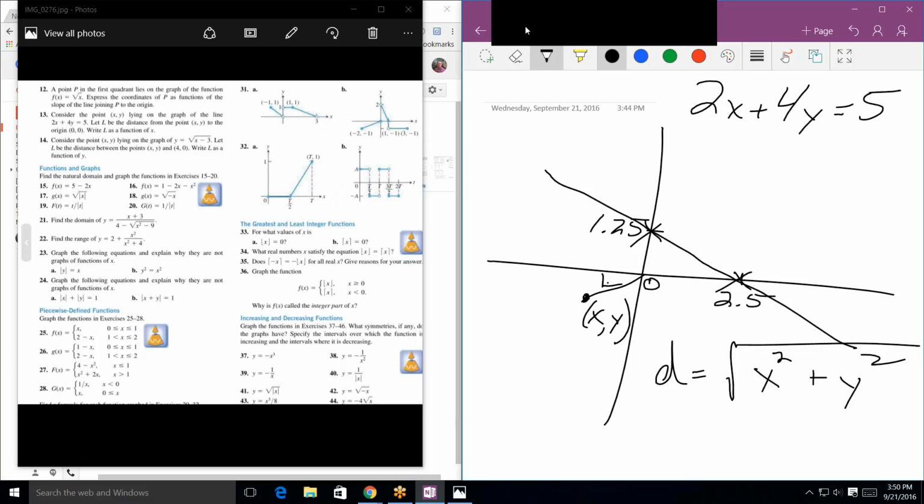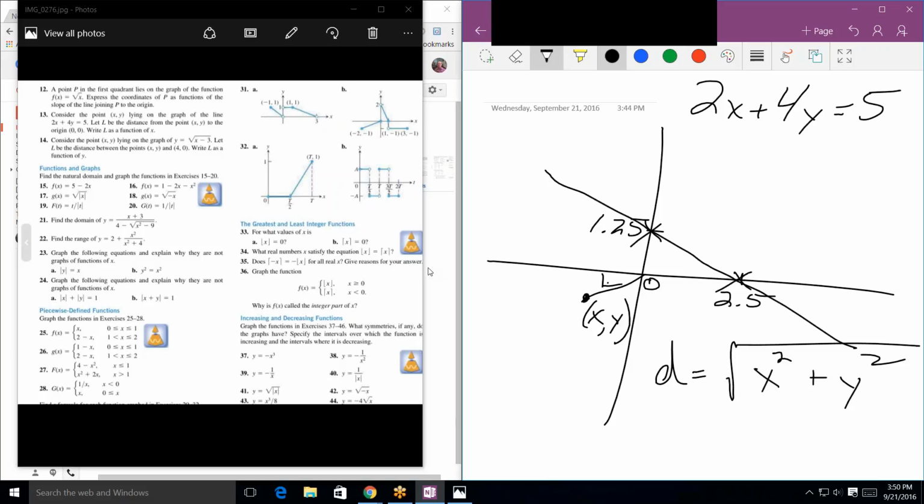Isn't there a slope there? Well, I'm not sure we need to worry, because we don't know where xy is. They just said it was some point xy.